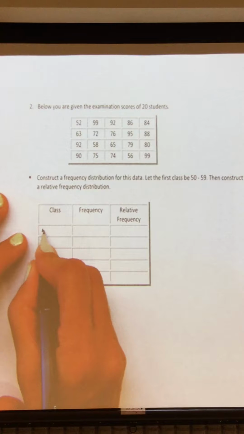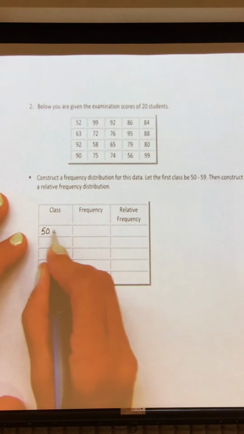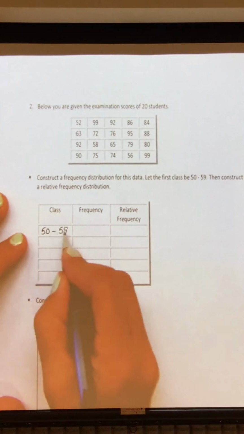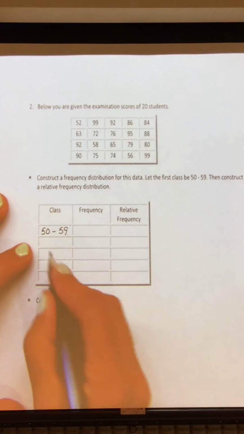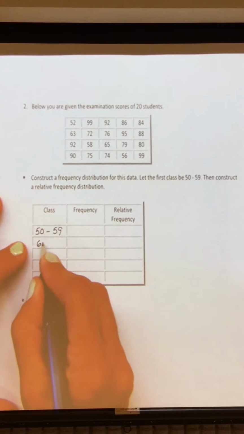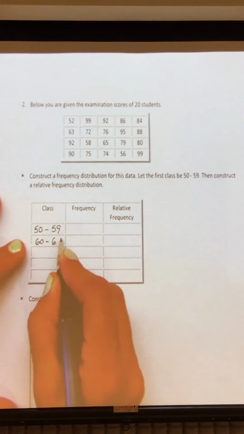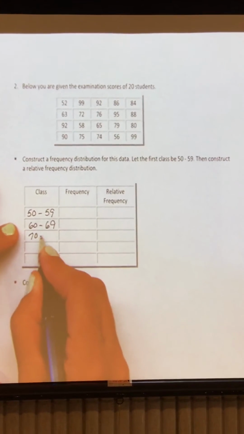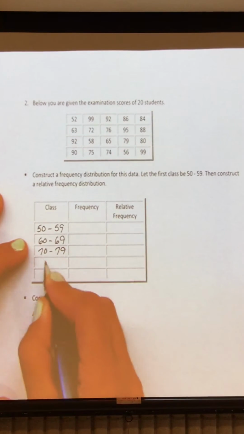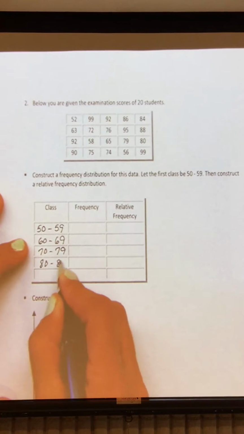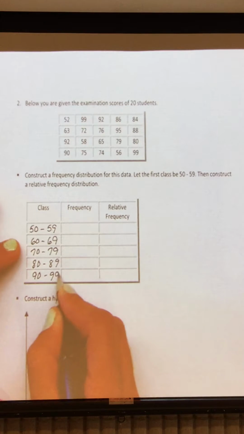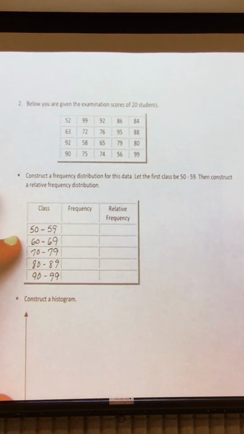So let's start our first class at 50 and end with an upper class of 59, which gives you a width of 10. Our second class can start with 60 to 69, and then 70 to 79, 80 to 89, and then 90 to 99. And you want to make sure that you have the entire data there.